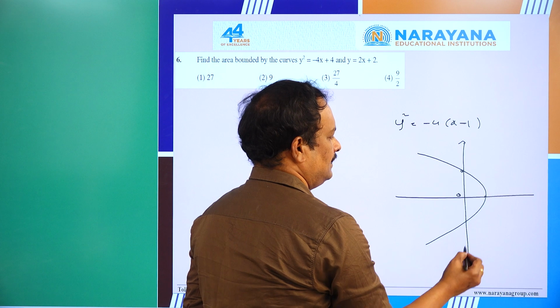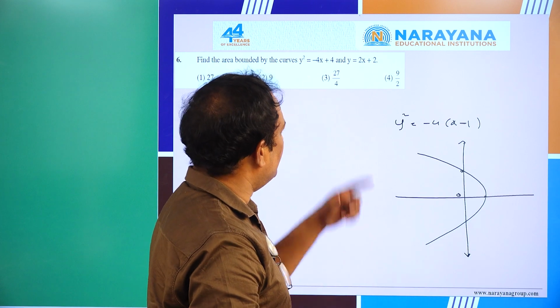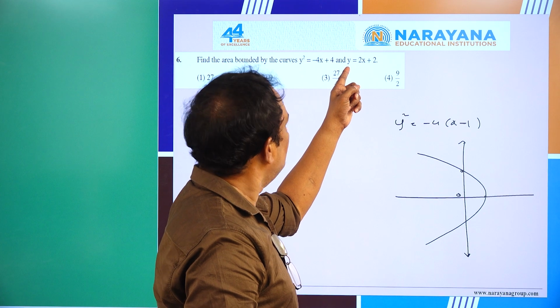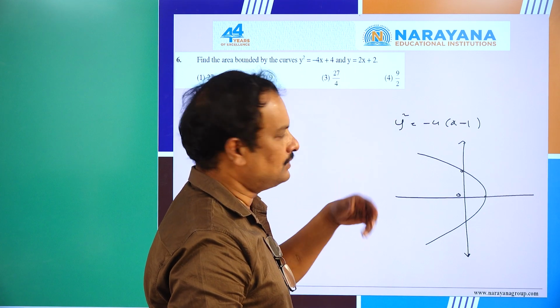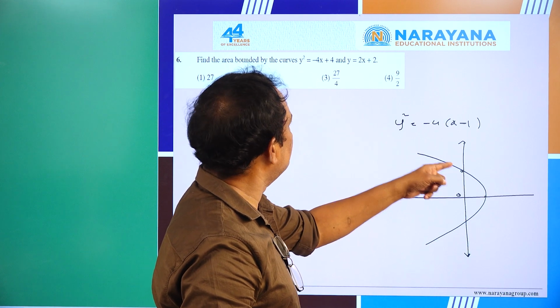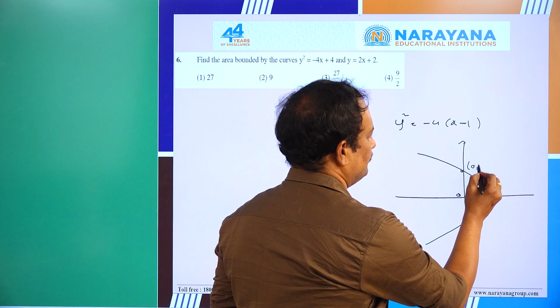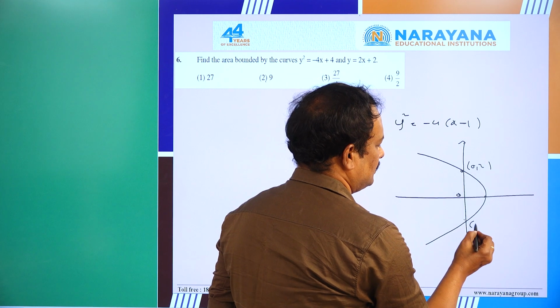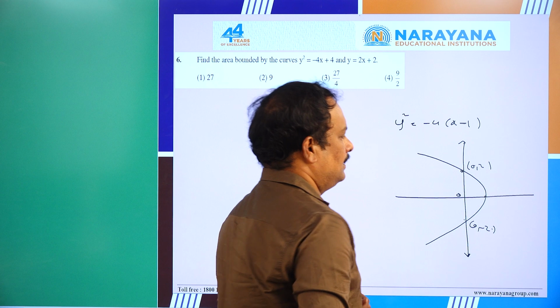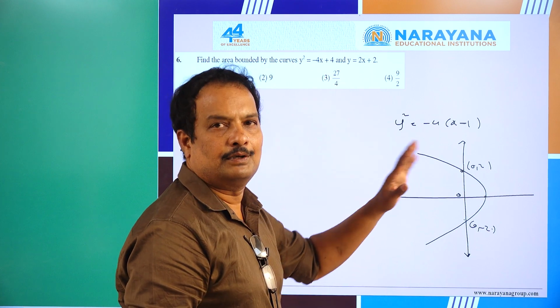In fact, the curve and the straight line both are intersecting the y axis at the same point. You can clearly go through that. When you put x = 0 in this one, it is going to be (0, 2), and this is (0, -2), because when you put x = 0 here, y = plus or minus 2.